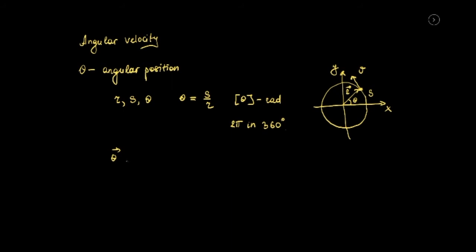The theta vector, s vector, and r vector are closely related: from this equation, s is equal to theta multiplied by r. So we can define a theta vector such that theta vector crossed with r vector, this vector multiplication, gives the s vector.